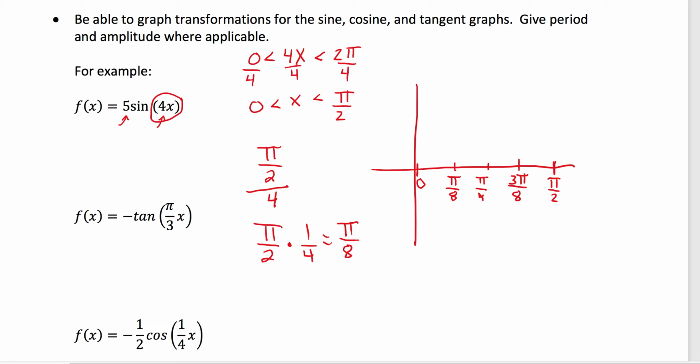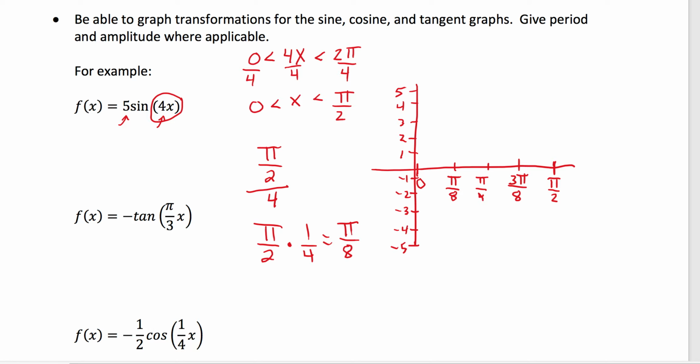Now the amplitude is going to stretch to 5 and -5. So when you mark off your tick marks on the y-axis, you want to go up to 5 and down to -5. From there we're just drawing our standard sine graph.